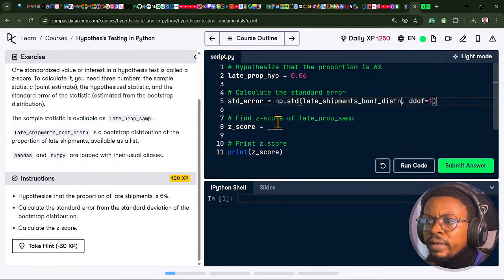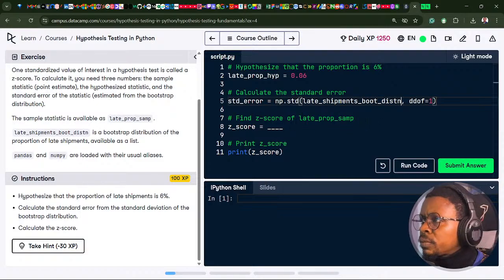Then we have that already. Find the z-score of the late proportional sample. The z-score will be the standardized value divided by the hypothesis. Okay, let's do that.